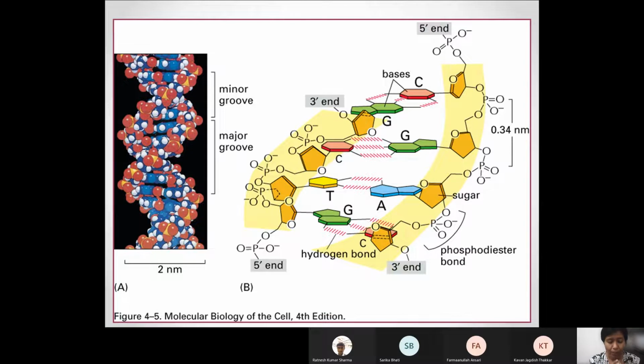So if you need to form a single-stranded DNA from this double-stranded DNA, if you need to take these two DNA strands apart, you need to provide energy, right? That's the first thing. You need to provide energy because this is a very stabilized structure. You need to provide energy to break these bonds, to break these interactions.